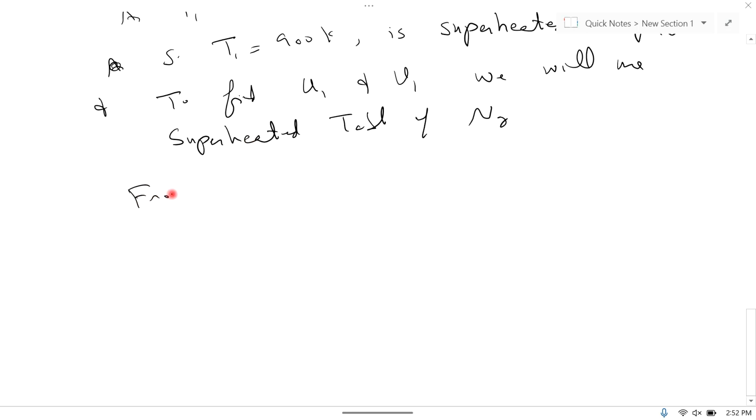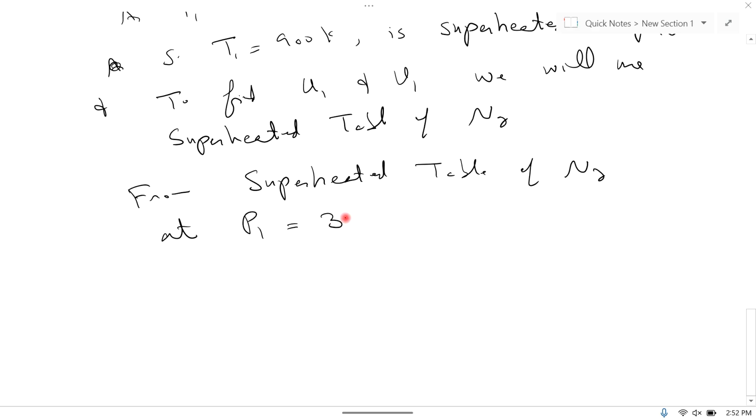So from the superheated table of nitrogen at pressure P1 equal to 3000 kilopascal and temperature T1 equal to 900 Kelvin, find u1 and v1. But this 900 Kelvin is not available in the superheated table of nitrogen. Temperature is in degree centigrade, and this is equal to 627 degrees centigrade.